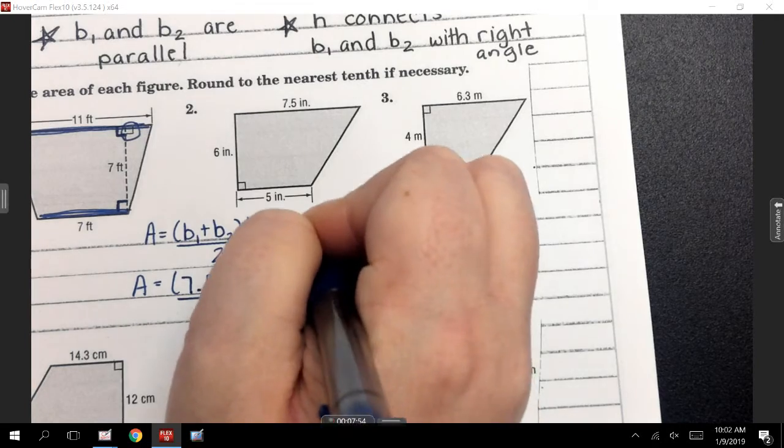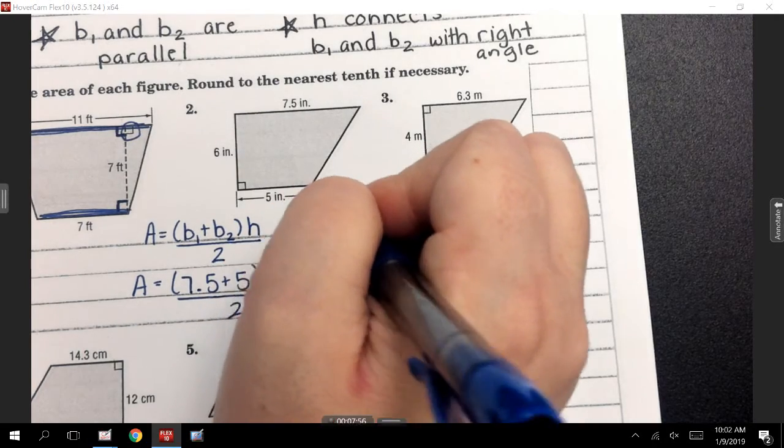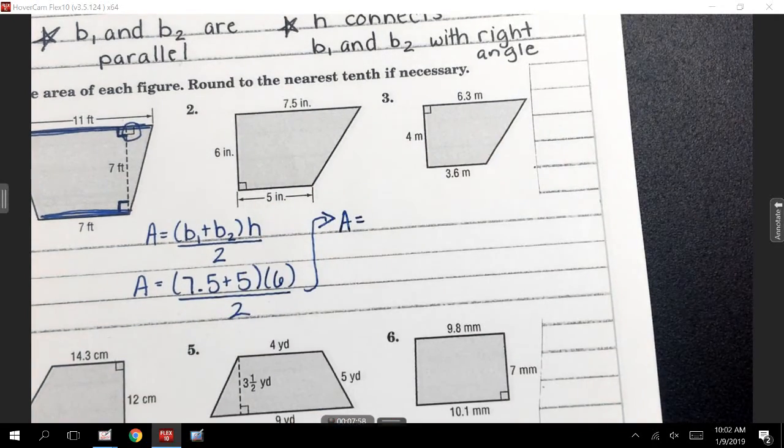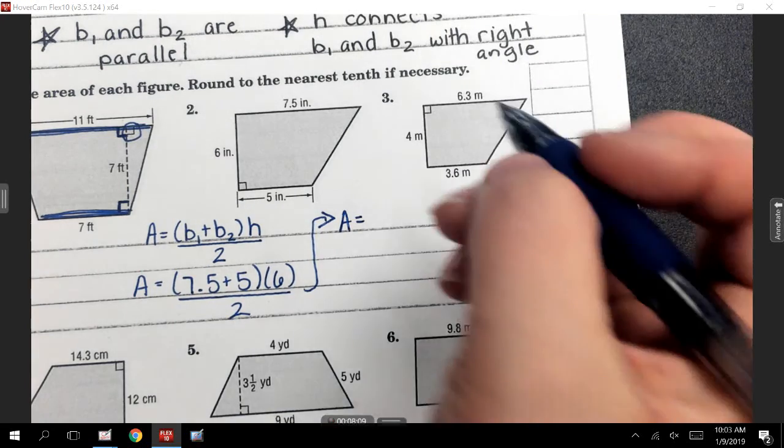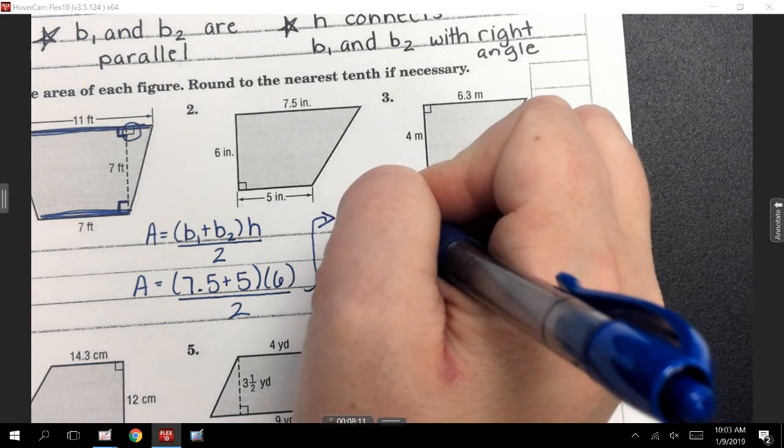All right, and I'm just going to draw an arrow going to the next line so I can continue my work. A equals. What's my next step going to look like? If I'm following the order that Miss Sawyer says I have to, what's that next step, Eli? 7.5 plus 5.